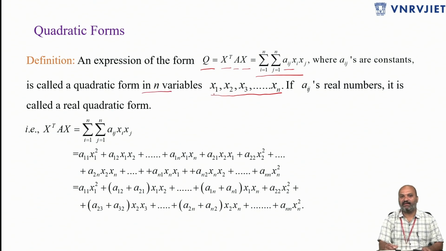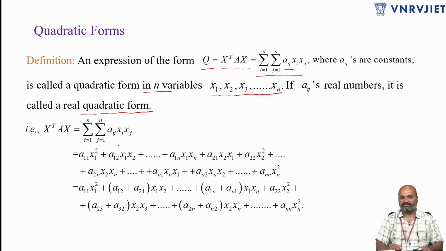The variables involved are x1, x2, x3, so on, xn. All the constants are real numbers, that's why it's called a real quadratic form.